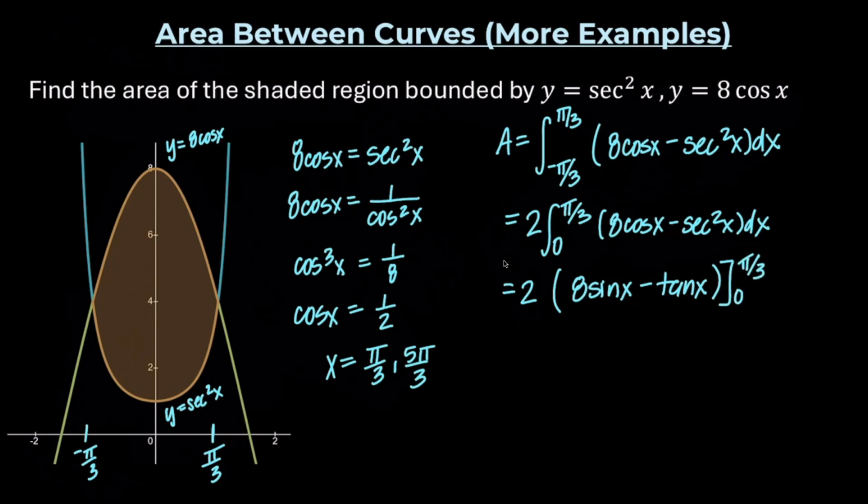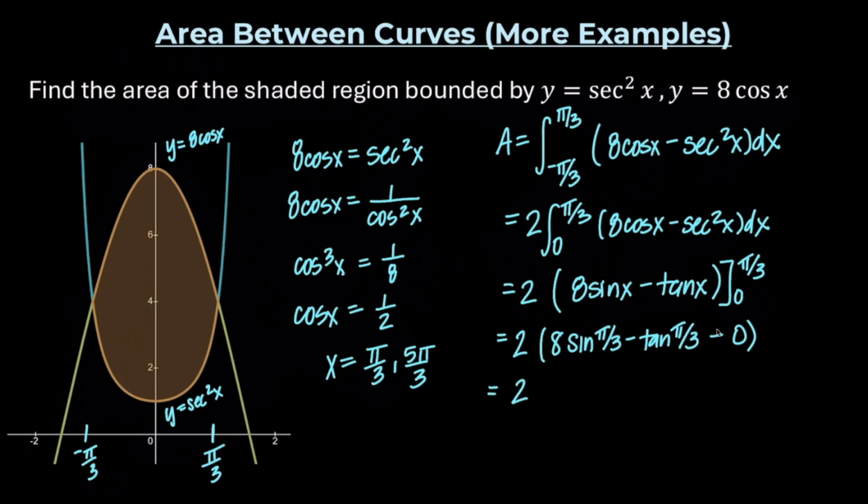We'll plug in pi over 3 first, so we'll have 8 sine of pi over 3 minus tangent of pi over 3, minus, if I plug 0 into sine x and tangent x, luckily both of those end up being 0. So it was worth it to use symmetry because it's nice that this is just going to be minus 0.